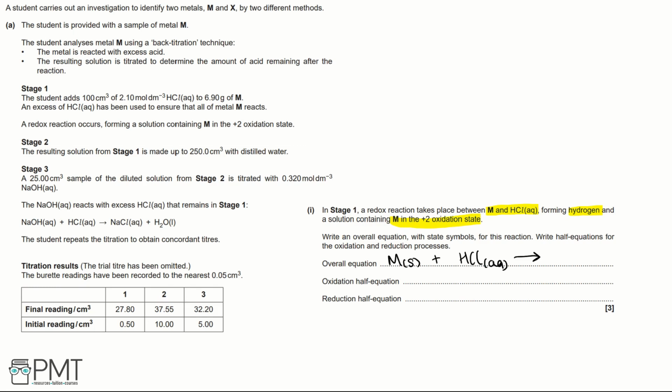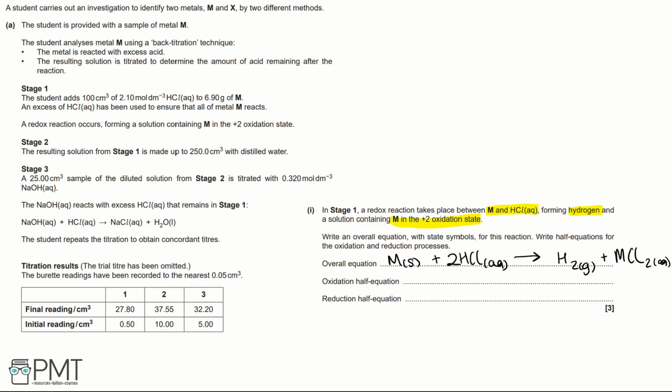And then we're going to form hydrogen, which will be a gas, and MCl2, which will be an aqueous solution. So now we just need to balance the equation, and in order to do that we need two hydrochloric acid components.